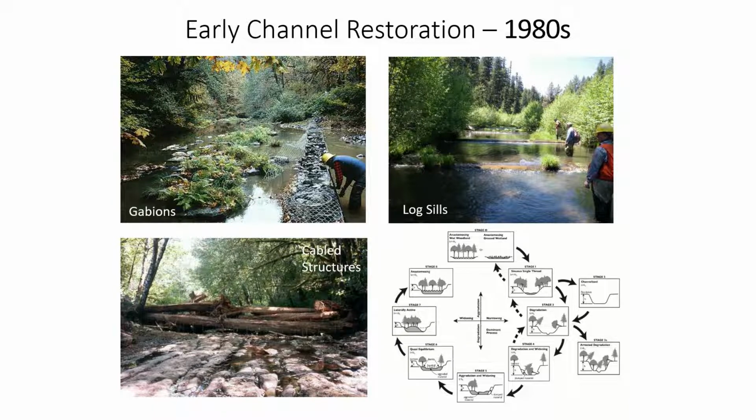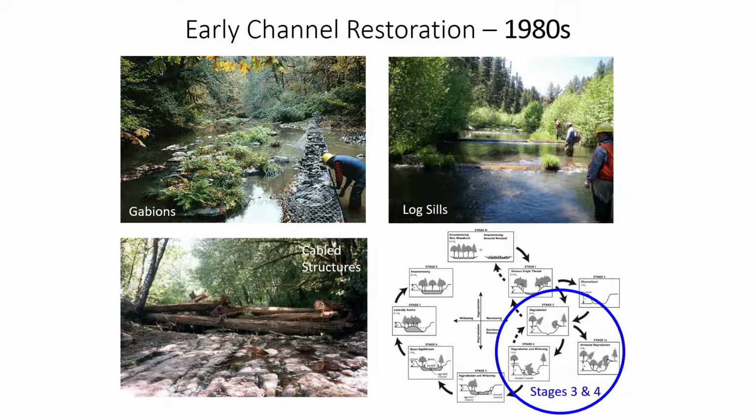I'd like to call this early channel restoration, and you could argue whether or not this was restoration, but we were doing things like placing gabions, which are baskets filled with rock and tires. You can see those in there. Putting log sills, very simple engineered structures, cabling things in place. But unfortunately, this was prior to the stream evolution model and this idea of what the habitat looks like.